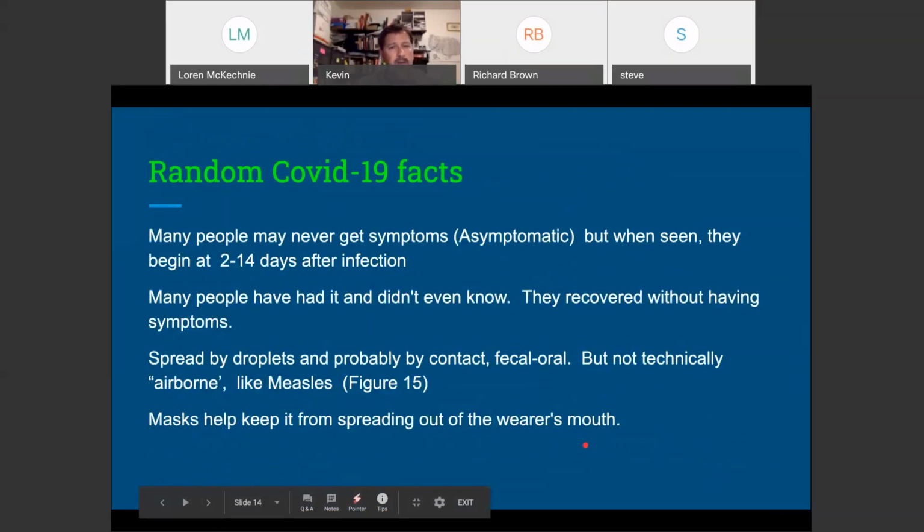Okay, so here's a couple random COVID facts, and then we'll get to some good questions, what you can do. Many people never seem to be getting symptoms. When they do occur, it's about 2 days to 14 days after the infection.